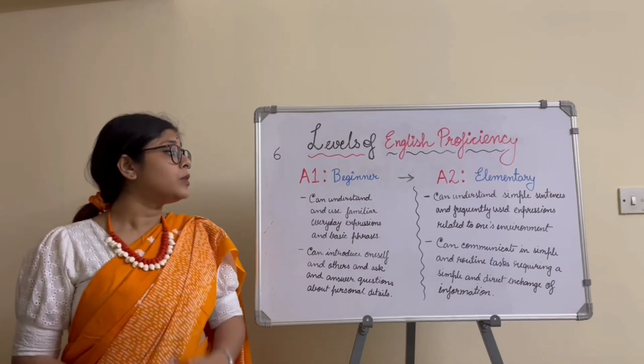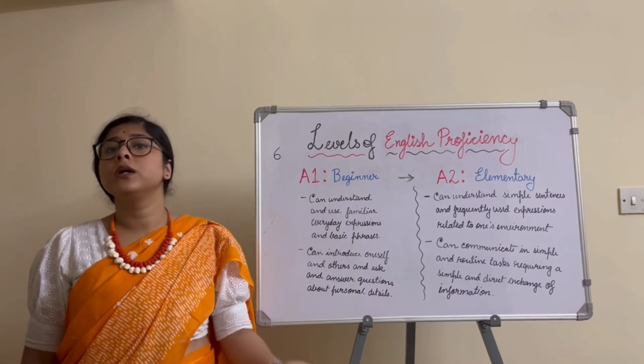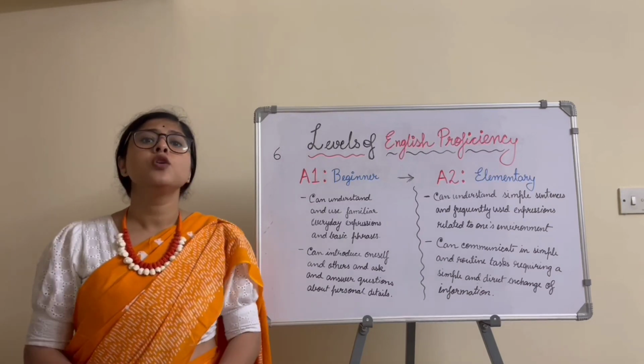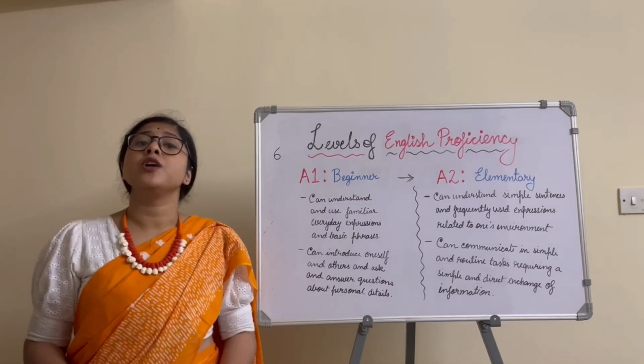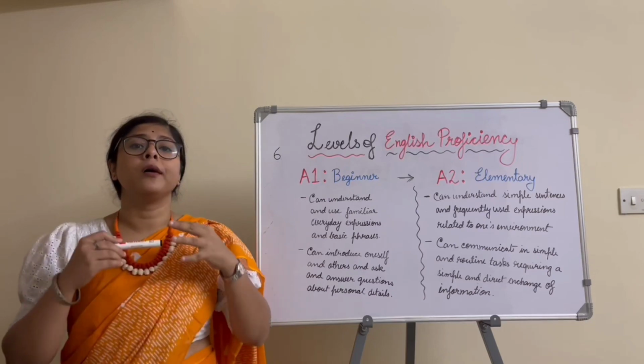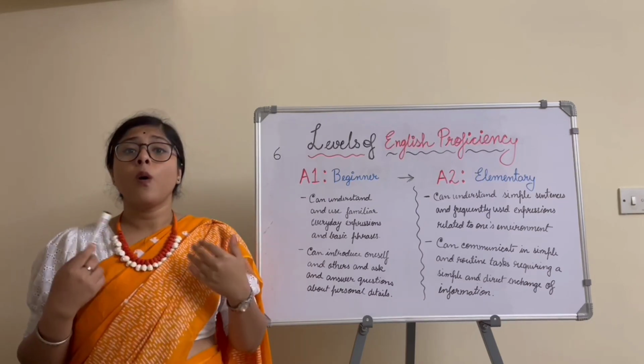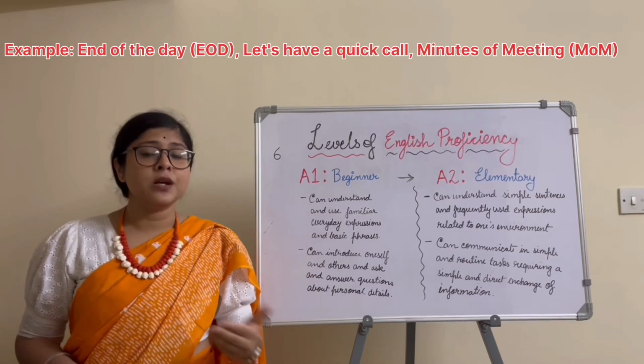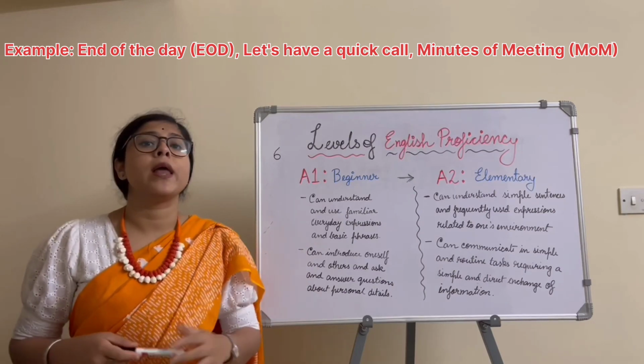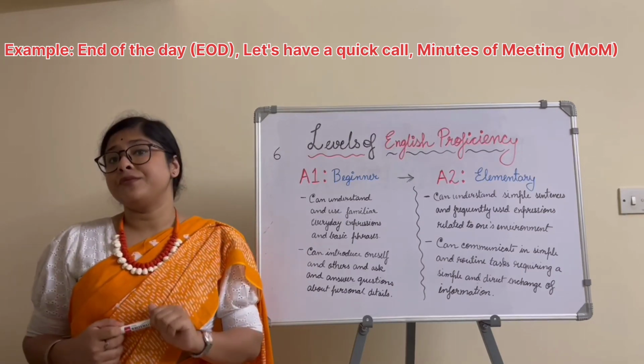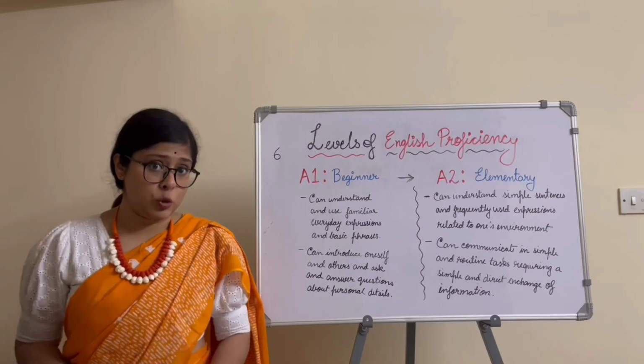Now, for example, you work in a corporate sector, so all the words and phrases that are used in your environment on a daily basis, maybe in a meeting or maybe while talking to a co-worker, those phrases and words will be very well known to you.